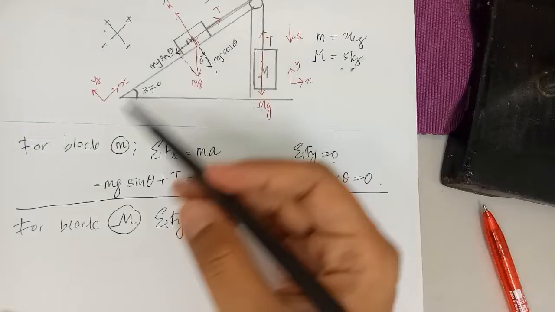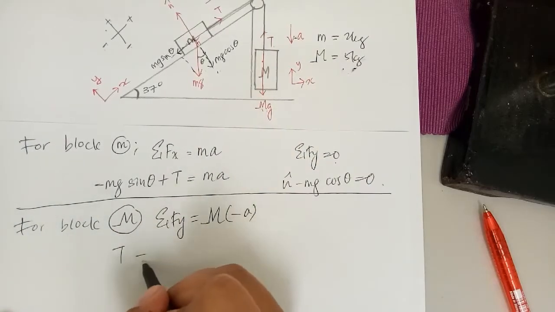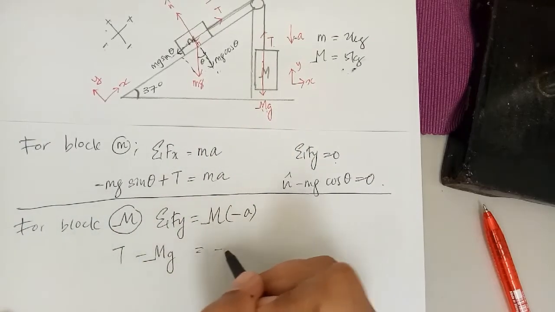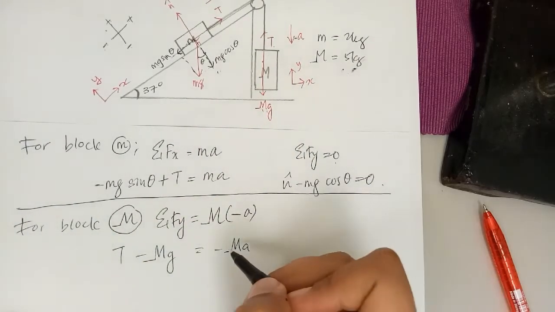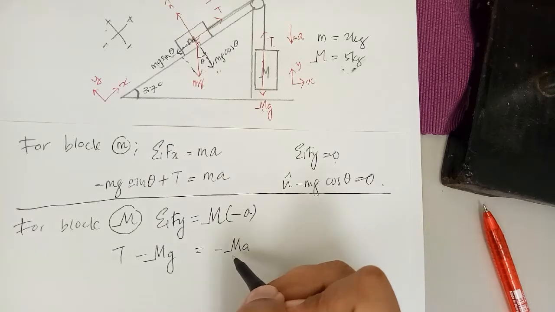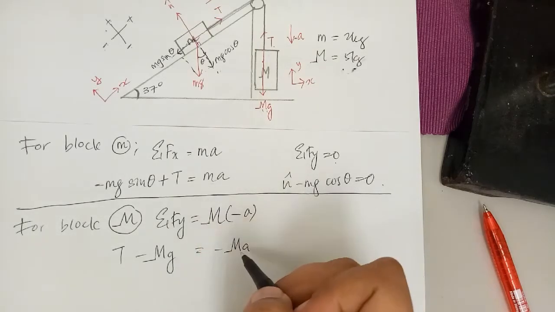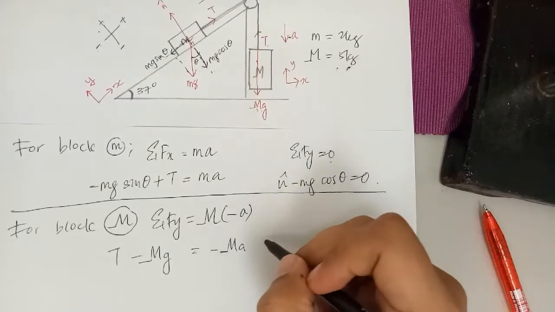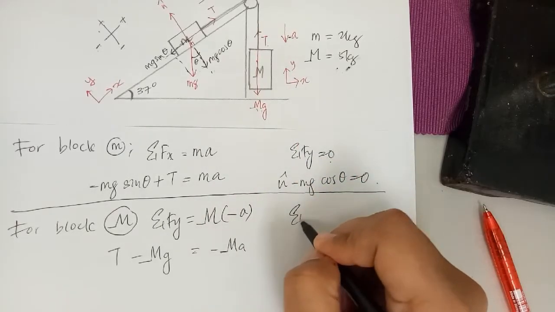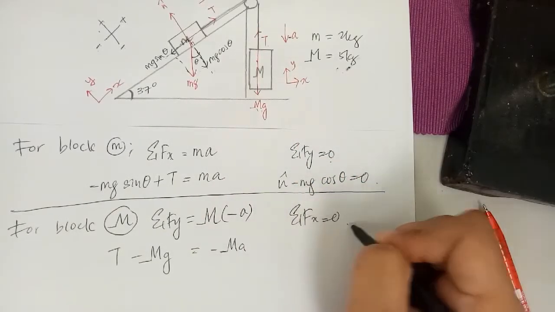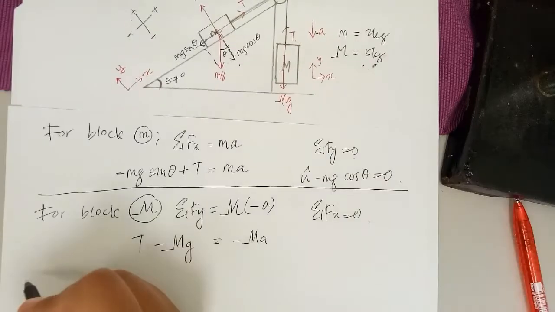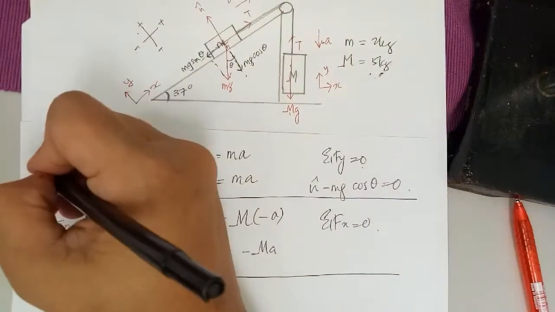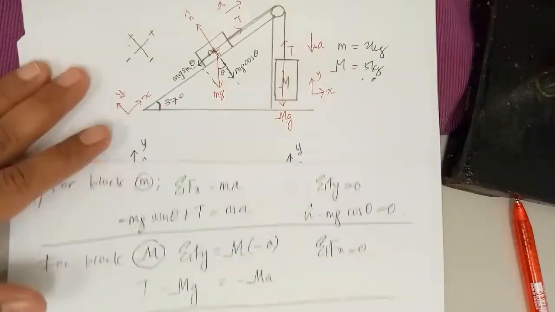Mg is going down, so negative. So T minus Mg equals negative Ma. I write capital M like this so it does not confuse you with the smaller m. There are no forces in x, since there is no movement in the x-axis. So this answers question number 2.